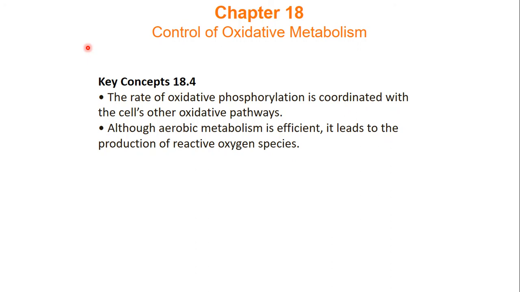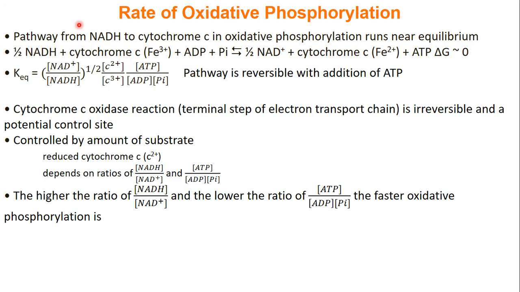In this video, we're going to look at the control of oxidative metabolism. So to look at the rate of oxidative phosphorylation, we really need to look at the energetics of oxidative phosphorylation. If we just focus on the pathway of NADH to cytochrome C, that is going to run in near equilibrium.